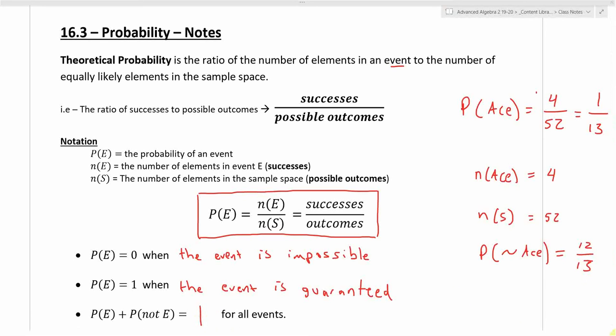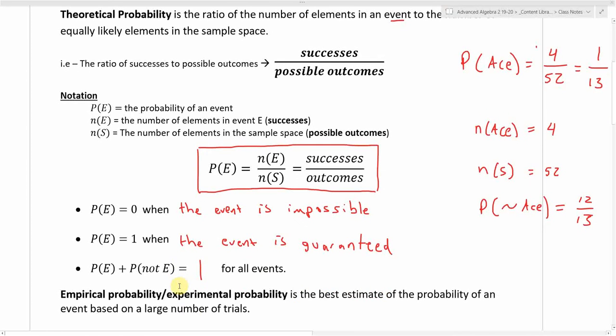Okay, and so those are all related to theoretical probability, but all these ideas about these rules of probability also apply to empirical probability. So let's talk about that real quick. Empirical probability, also called experimental probability, is our best estimate of the probability of an event based on a large number of trials.